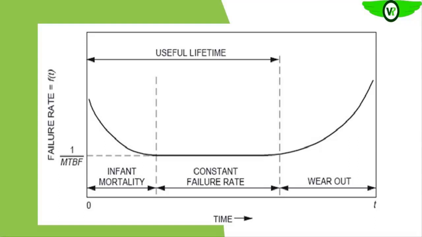Okay, so when you are carrying out your tests, what you will be looking at is trying to catch that particular equipment when it is entering this wear out area. Okay, this is the potential point of when it is entering this failure area.